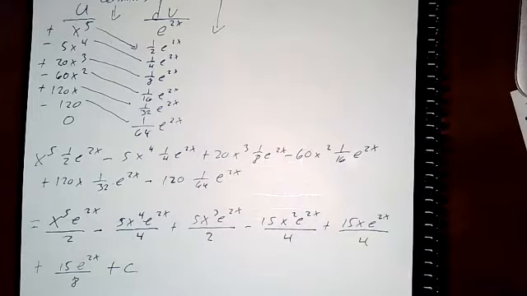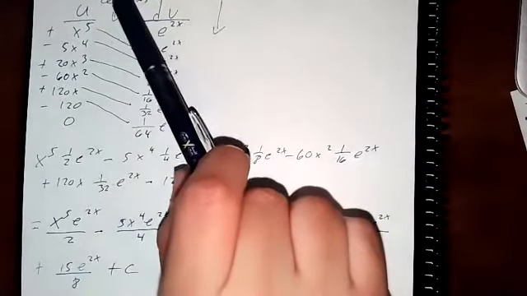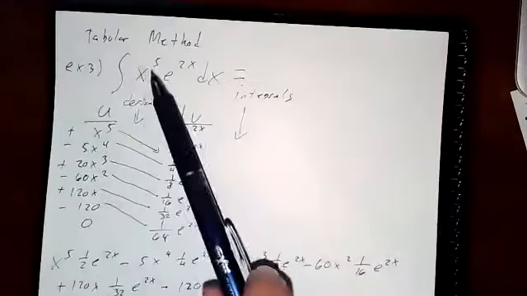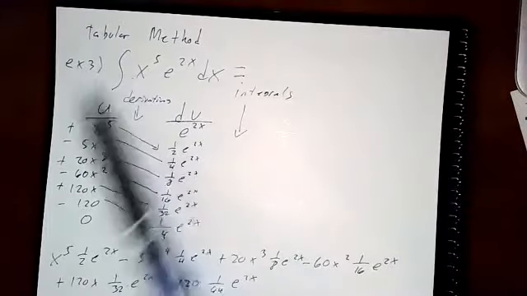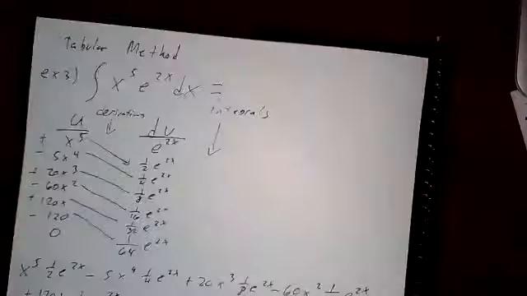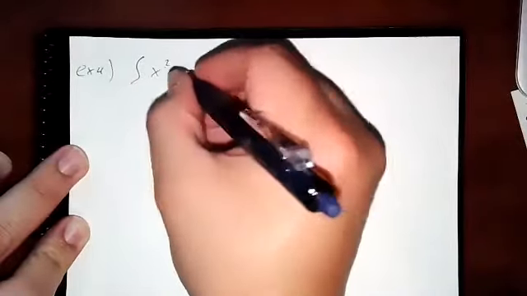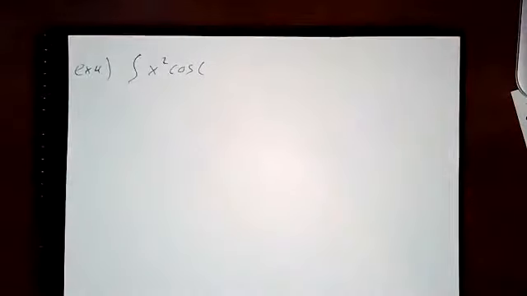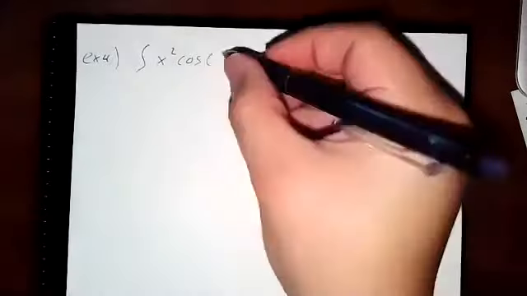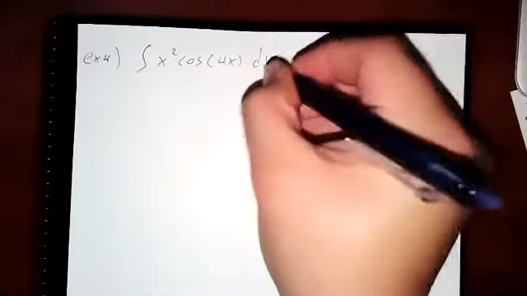But most of the time, if you see a term that will disappear, see how eventually there'll be no x? Something like this, it would work. You see how there's an x on it?